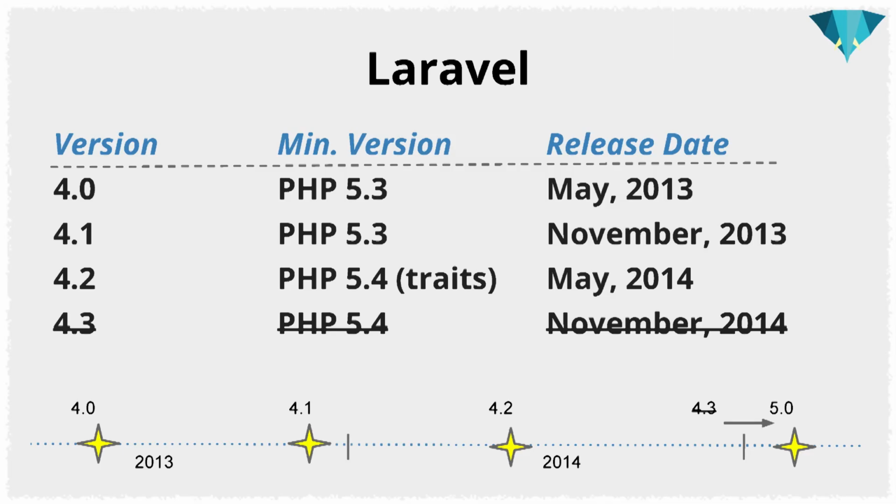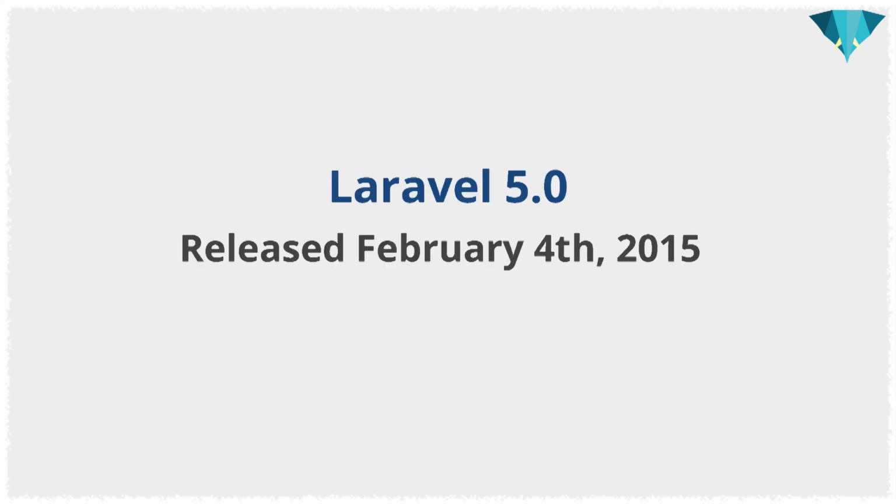So, for example, when the Symfony release came out in April and October, the Laravel release came out in May and November. So, things were getting ready to release version 4.3 of Laravel, and there were many changes being made. So the community decided that it should be called Laravel 5.0. And so Laravel 5 came out just a few weeks ago and introduced a lot of new ideas.